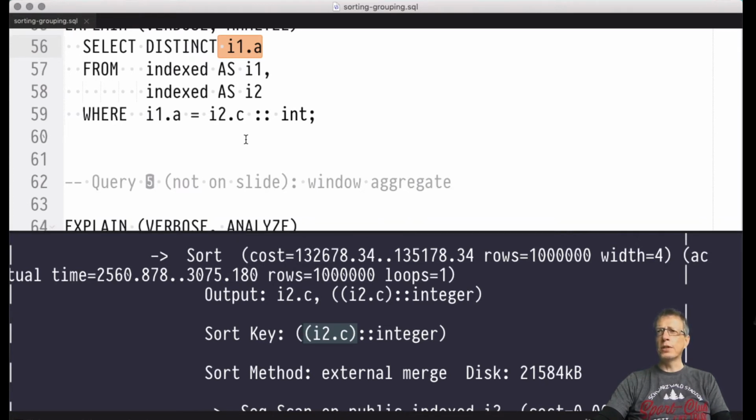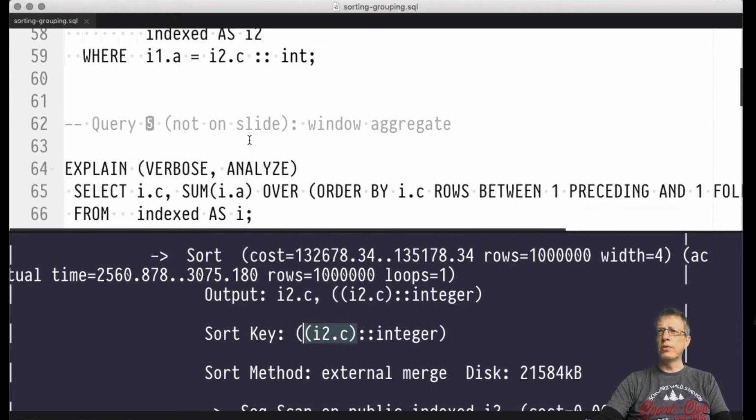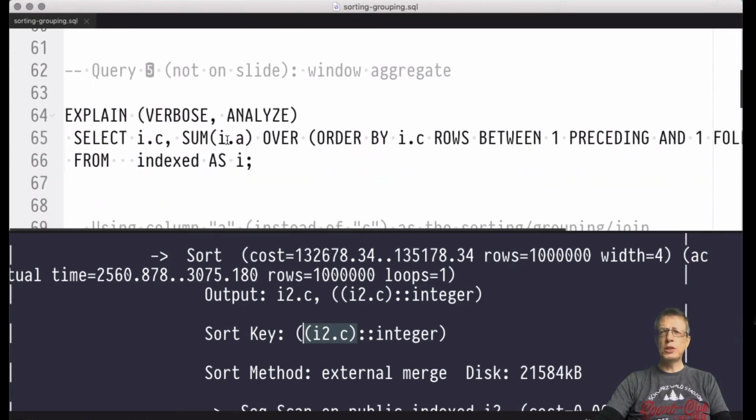Right, and then there is a fifth query even here in this buffer, a fifth query that's not mentioned on the slide, but this query is using a window function whose semantics is also based on an ordering of the rows of the underlying table. In this case, again, it would be an ordering regarding the C column.